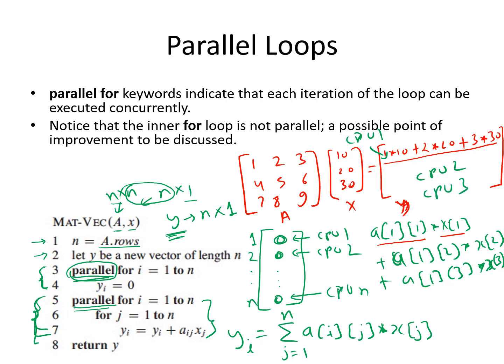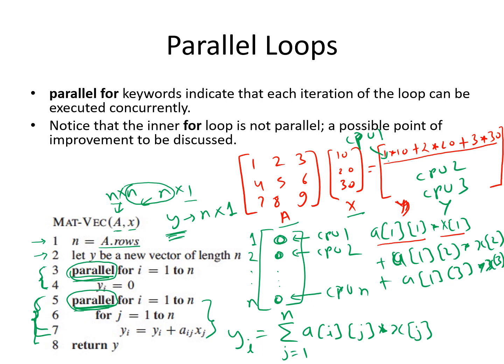Well, it turns out yes, because these input matrices A and x are not being modified, they are only being read. And if we were computing the three entries of this vector y on three different CPUs, they would be writing on three different locations in this vector. So all of that can be done in parallel. That exactly is accomplished by adding this parallel keyword in front of the outer for loop on line 5.